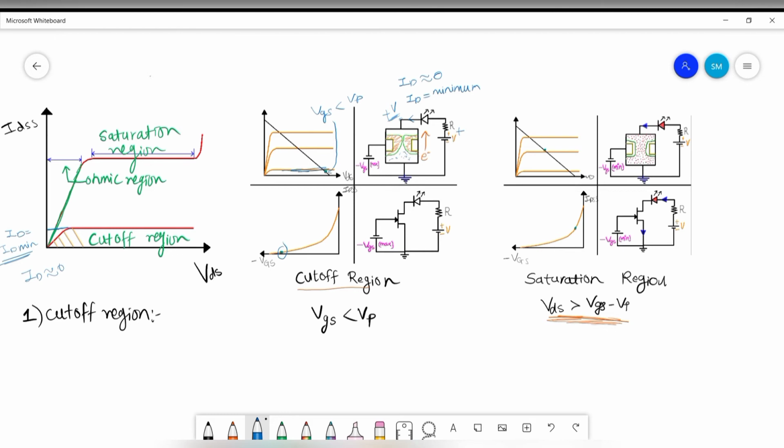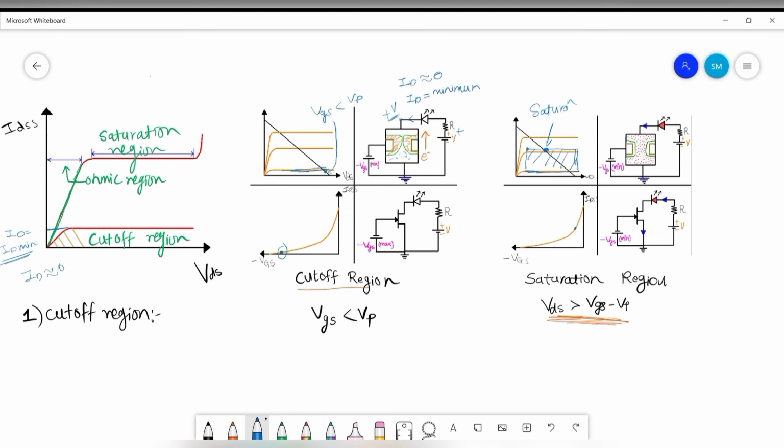If I extend this line, I will get the VGS somewhere over here, so this is your VGS, and this is your VP. So our JFET is operating somewhere in this particular region, which is our saturation region.